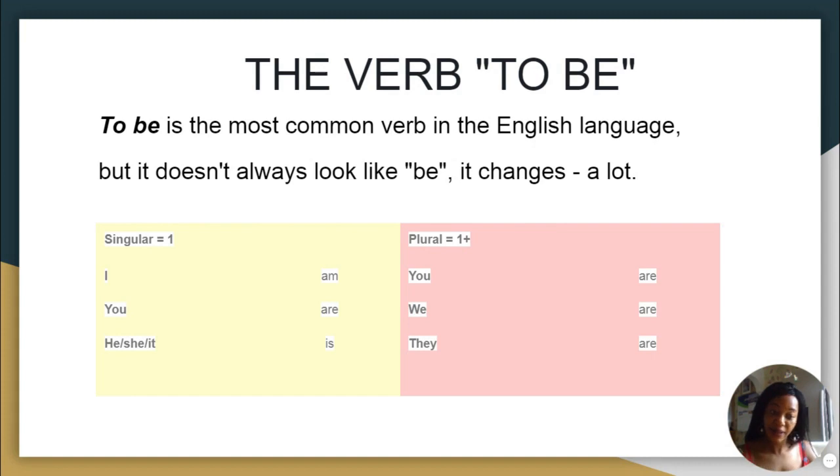Donc, for a single person, pour une seule personne, we have I am, je suis. I am. You are, tu es.